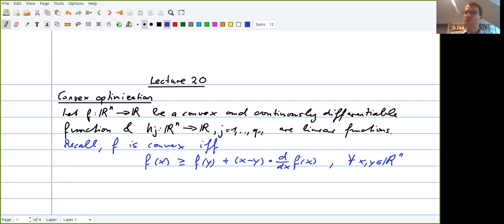I'm not making this prime because this is a function which acts on R^n, so this is a vector.